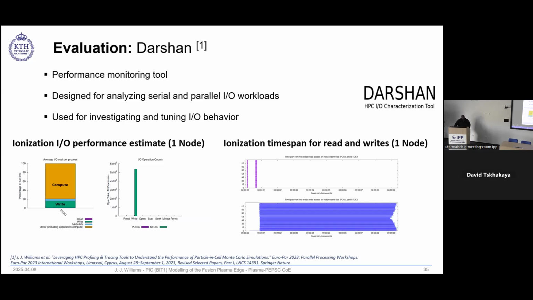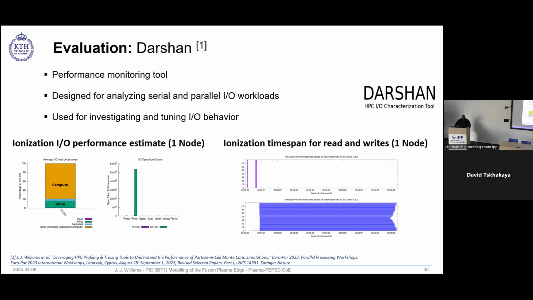Darshan is for I/O. It's only 1% or 0% usage, but it gives you answers to questions that you don't otherwise see. Remember, I think David said that after a certain point there's crashing or something happening with the files. This will tell me why that's happening.